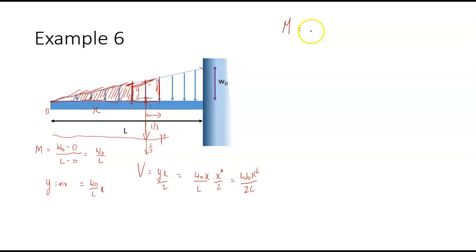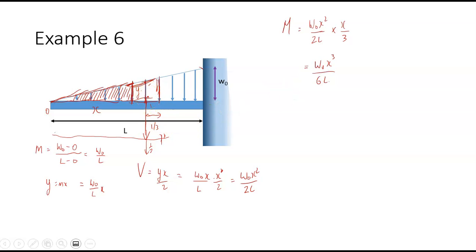So the bending moment will be the shear force, which is w naught x squared all over 2L, multiplied by the arm, which in this case is x over 3. So it's 1/3 of that x. And that is equal to w naught x cubed all over 6L.